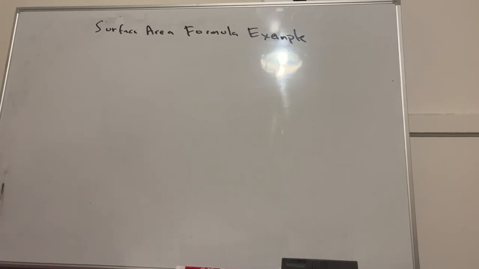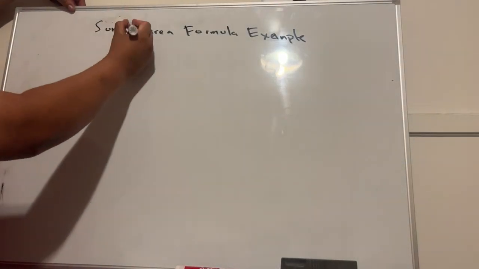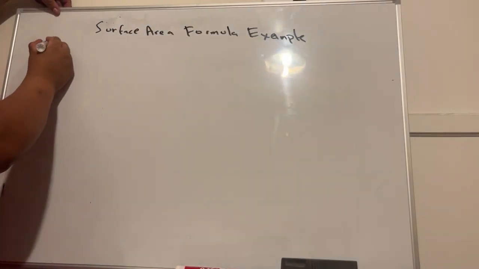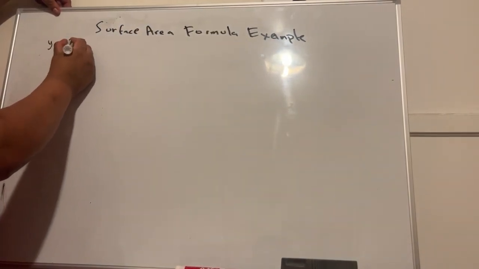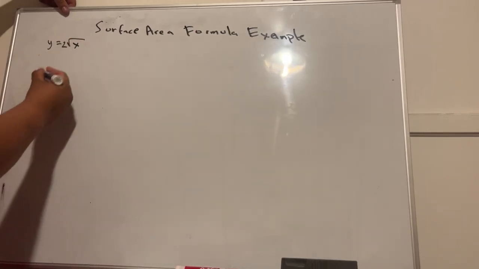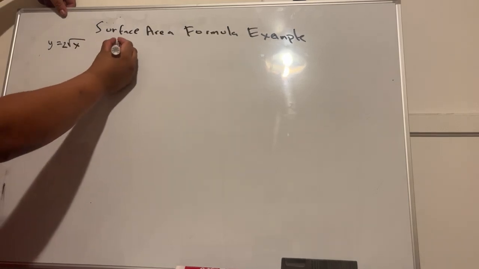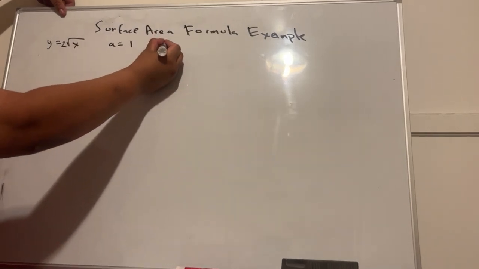Welcome. In this video, I'm going to give you an example of the surface area formula using calculus. So the function that we're going to look at is y equals 2 square root of x. Okay, so a is going to be 1 and b is going to be 4.